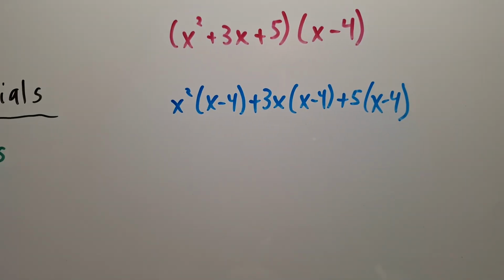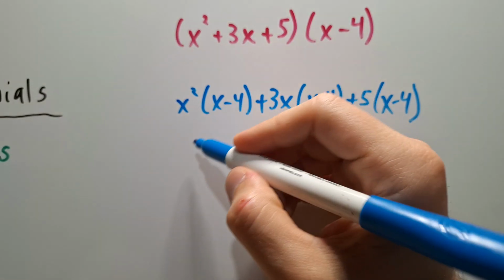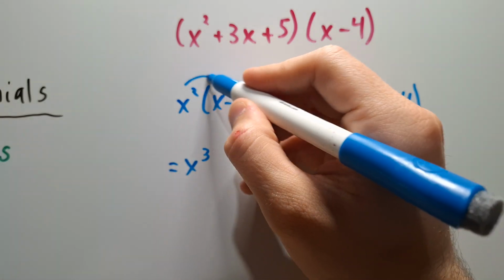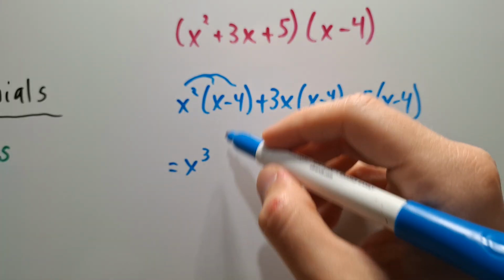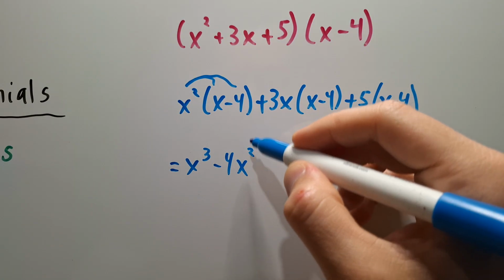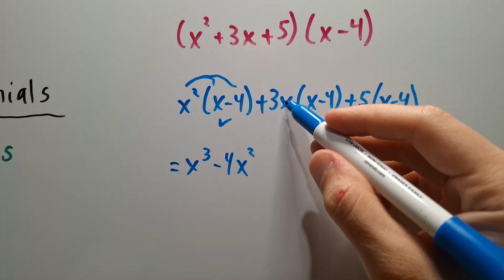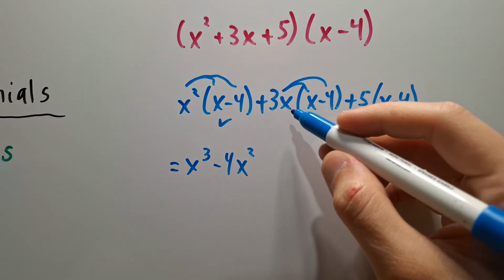Let's keep going. x squared times x, and then x squared times negative 4. This polynomial is done. Now I have 3x times x and then 3x times negative 4.